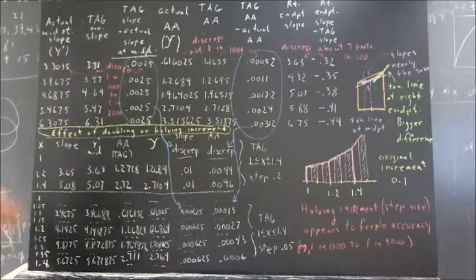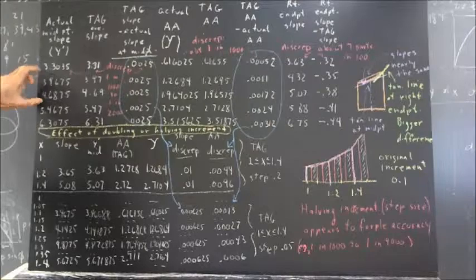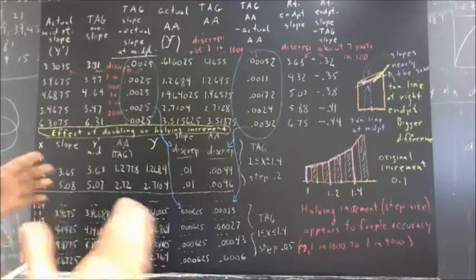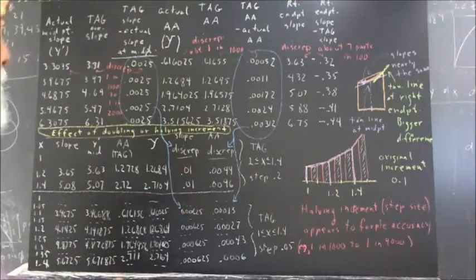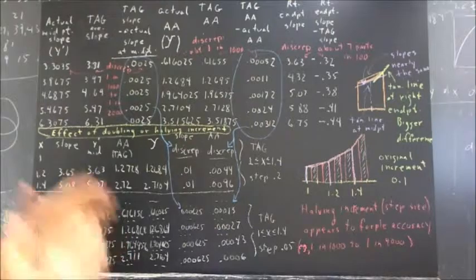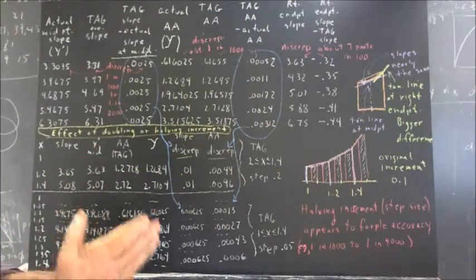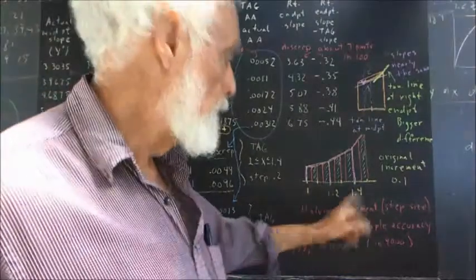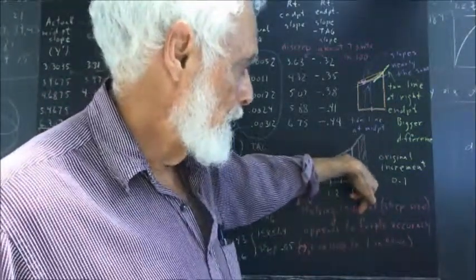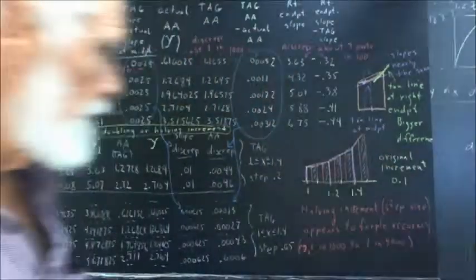So that if we start with this graph and go to this one, our discrepancies become about 1/4 as great, which means we get 4 times as accurate. And if we go from here to here, we get 4 times as accurate again. So that cutting the increment in half appears to quadruple, or I say our own made-up word here, to fourple the accuracy of our graph.